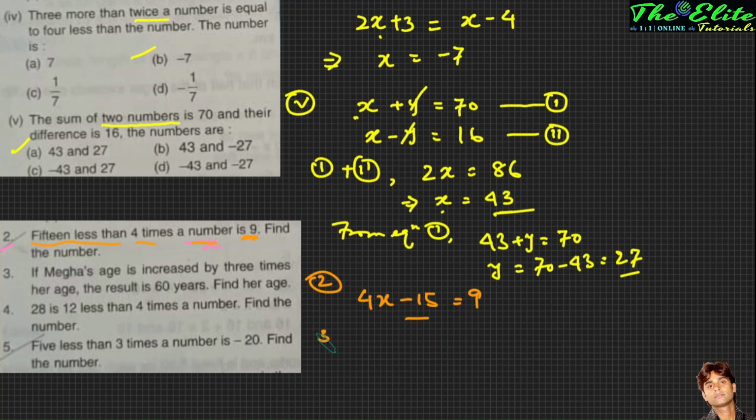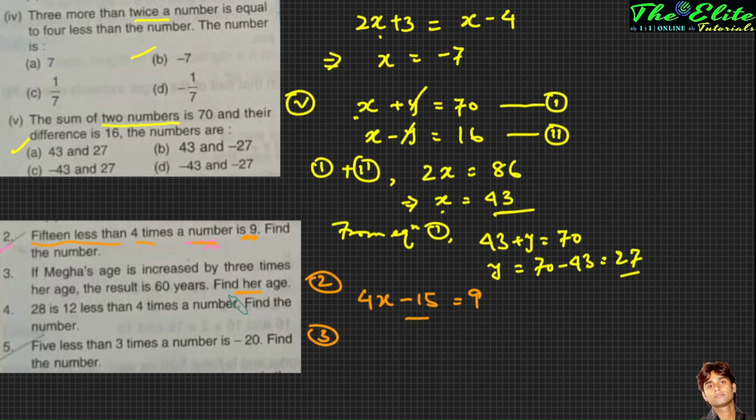Question number 3. If Megha's age is increased by 3 times her age, the result is 60. Find her age. Very easy. Because you have to find her age, you have to assume the same thing as x.